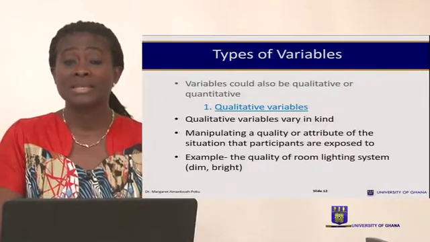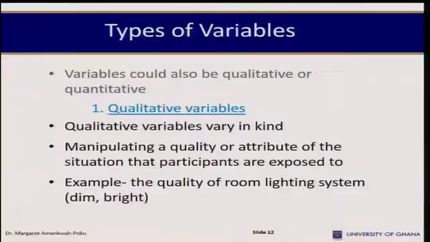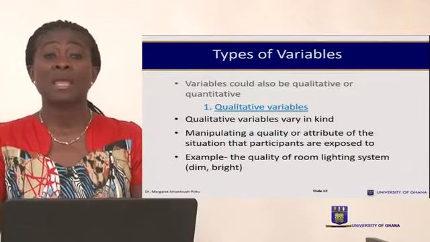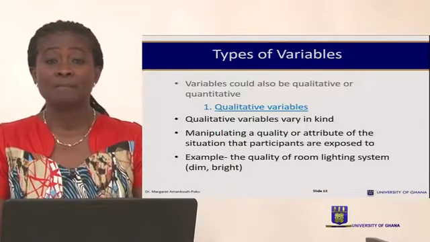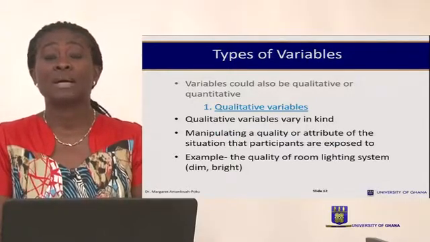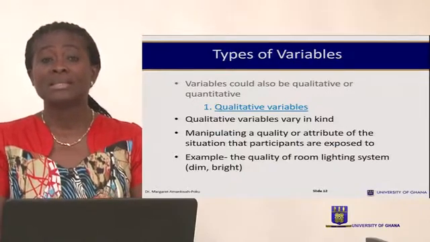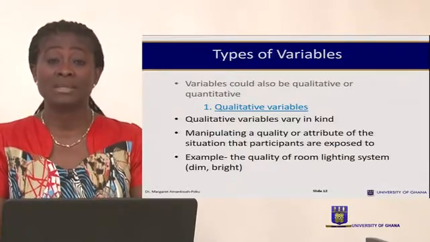So let's look at qualitative variables. They are variables that vary in kind. So we manipulate a quality or an attribute of a situation that participants are exposed to. So for instance, if we are manipulating the quality of room lighting, that is a qualitative variable. Room lighting is the qualitative variable.